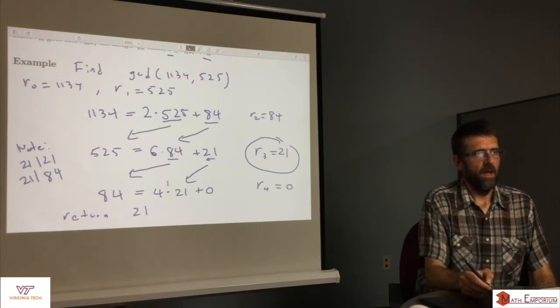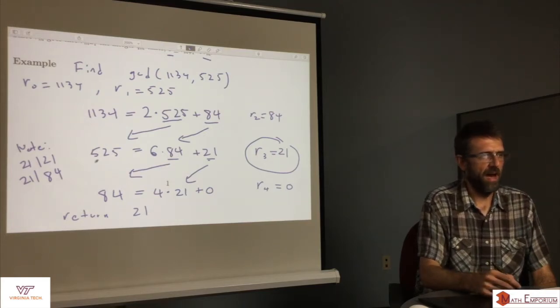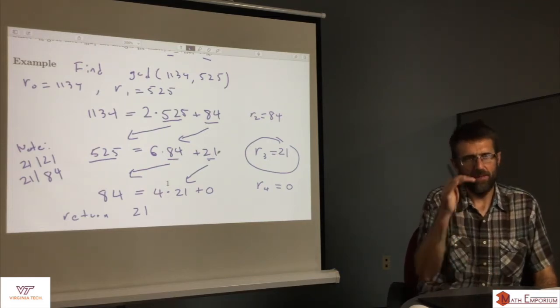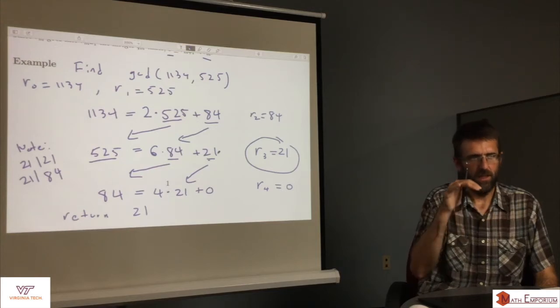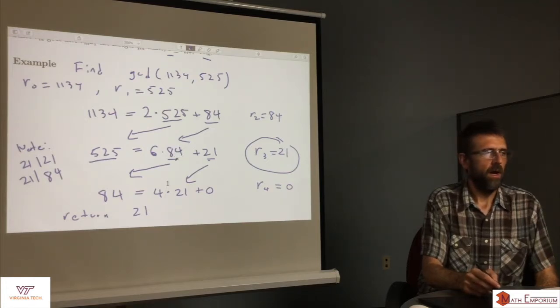Okay, and so if we run things up here, we see 525 is a linear combination of 21 and 84. That will always happen in the penultimate equation in the Euclidean algorithm, because you'll have your outputs, and then whatever the output divided evenly into here.